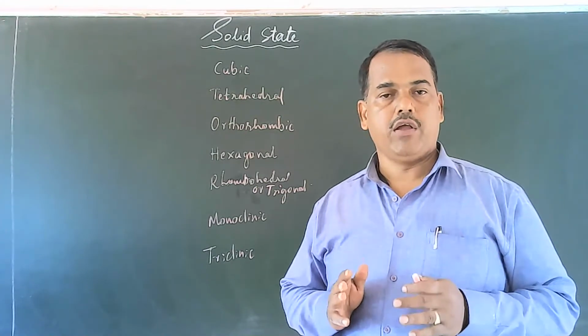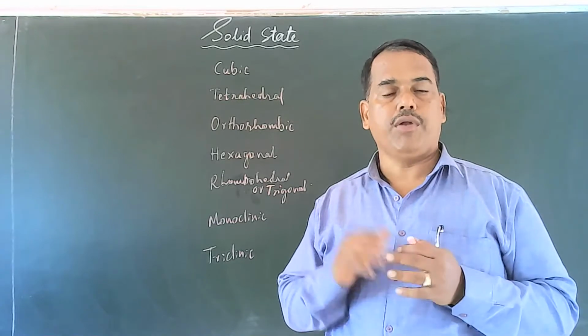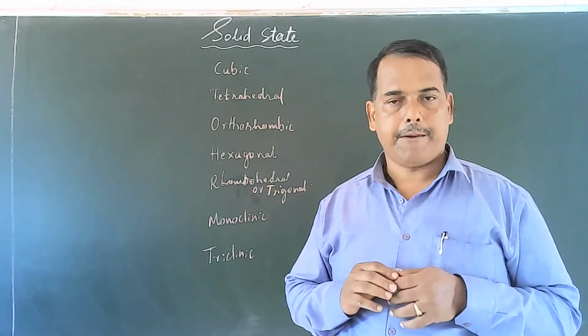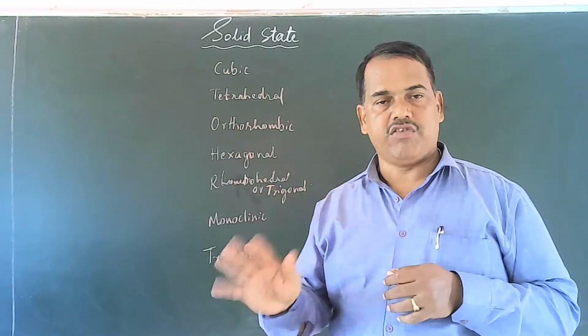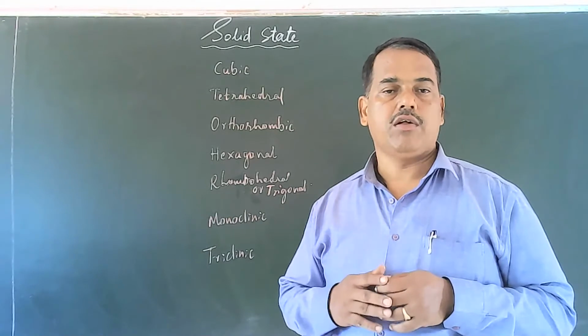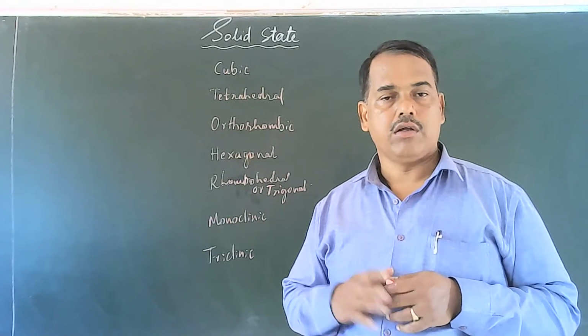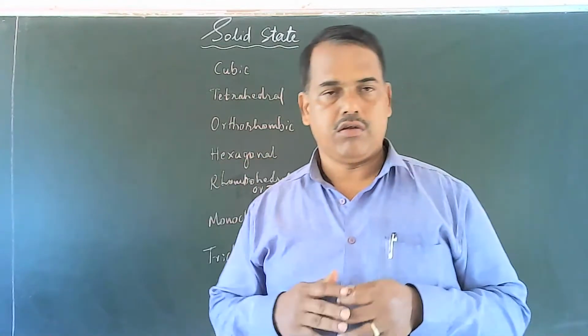Okay, dear students, today we shall discuss the calculation of the number of particles or atoms present in a primitive unit cell, body centered unit cell, and face centered unit cell.